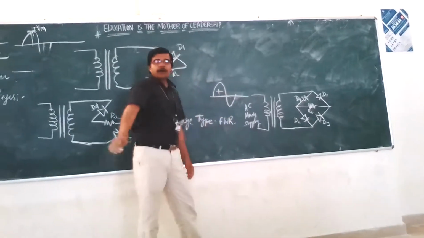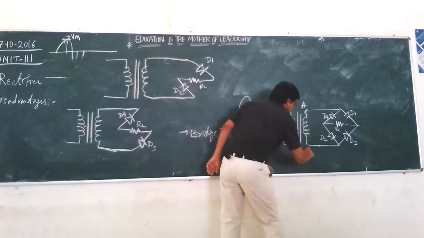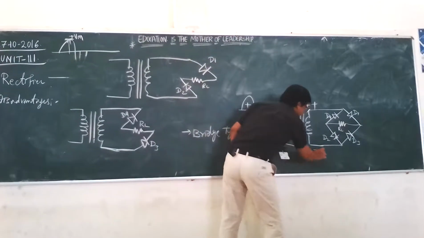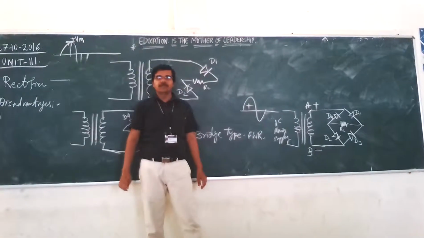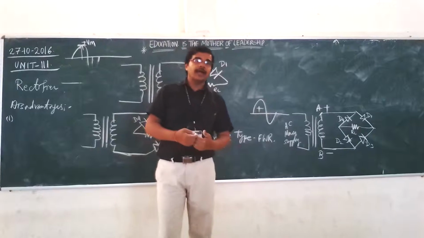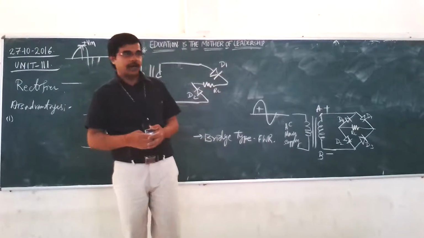During the positive half cycle, let us assume this is point A and this is point B. A will be positive and B will be negative. The property of a diode is that in forward bias condition it will conduct and in reverse bias condition it will not conduct.